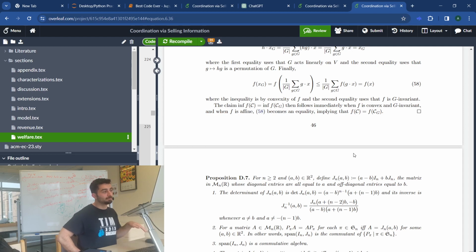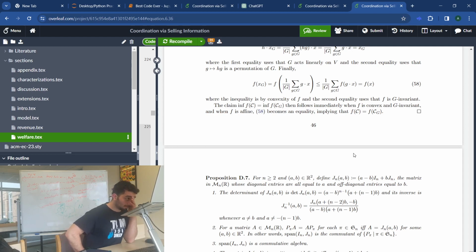So it is A and B. Okay, equal to B. Jn is the matrix of all ones.